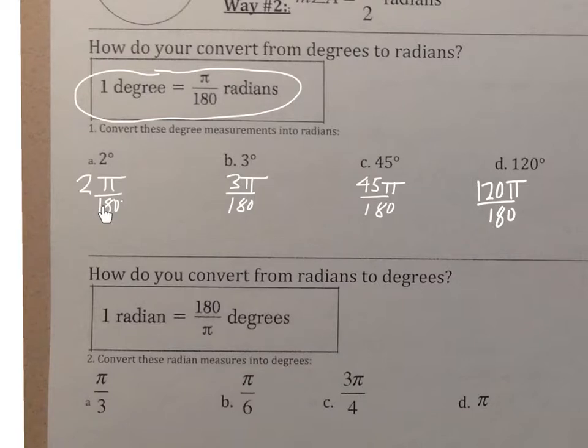2 over 180 is the same as what over what? Pi over 90. Right, because you can divide the top and bottom by 2, or use the calculator to reduce the fraction for you. So that's exactly equal to 1 pi over 90.